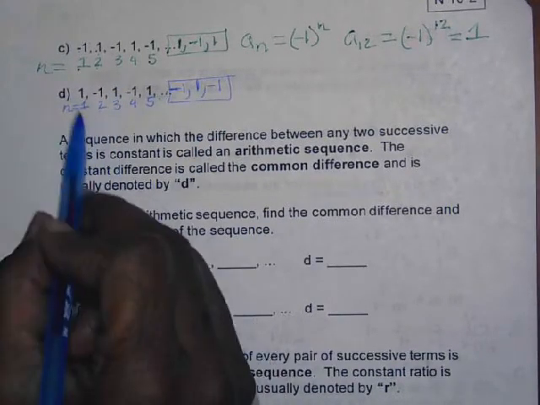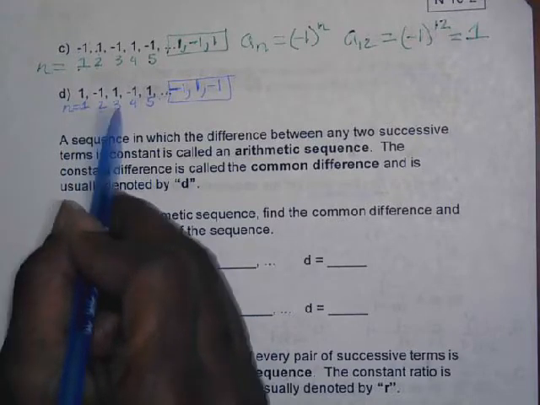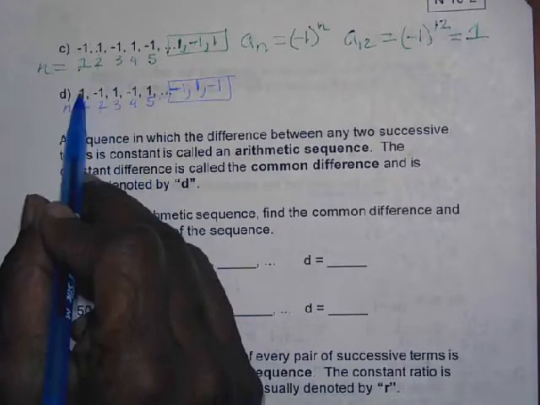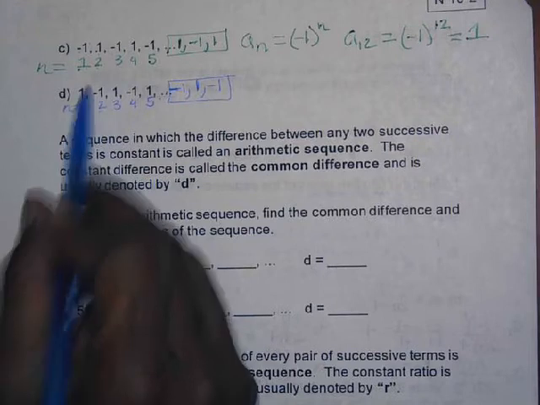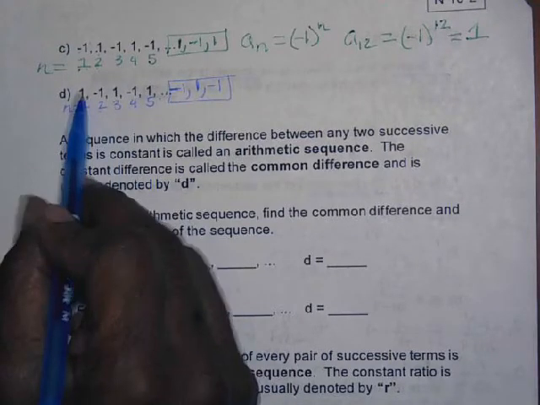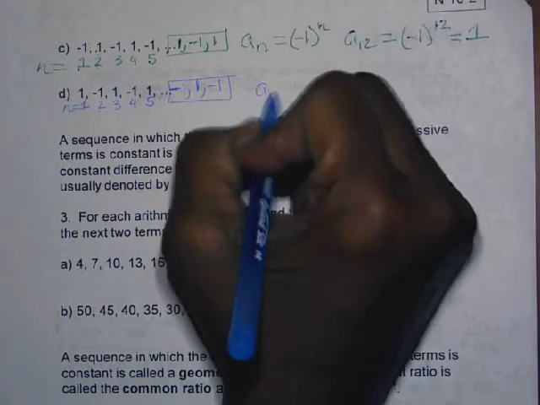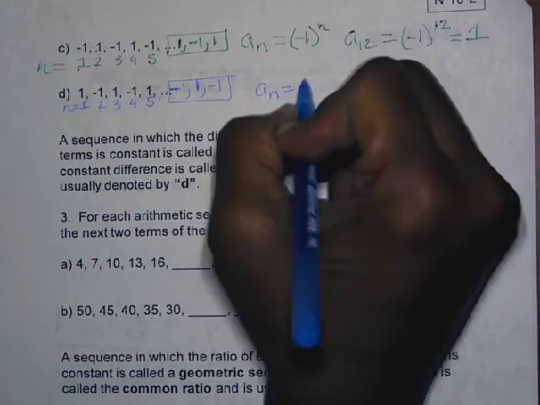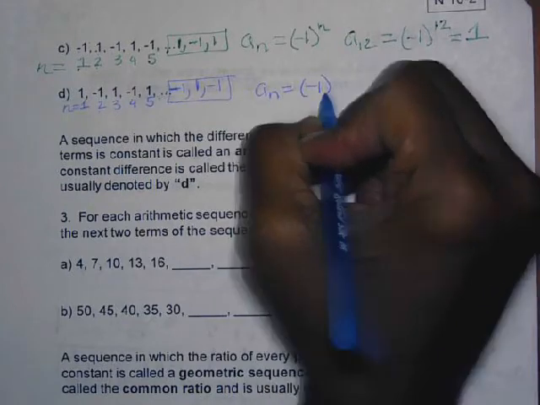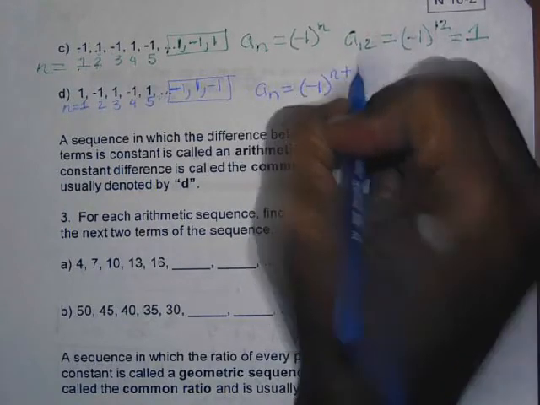I think I had it. So if I add 1 to each term and then square this item, I would get a sub n equals -1 to the n plus 1.